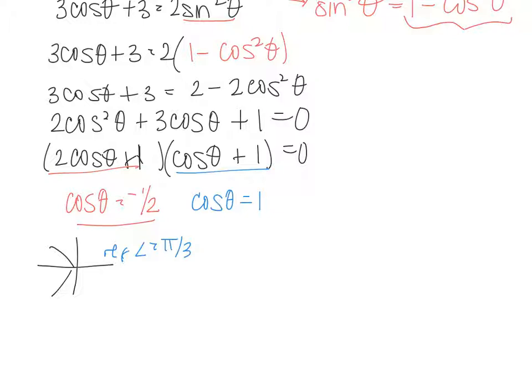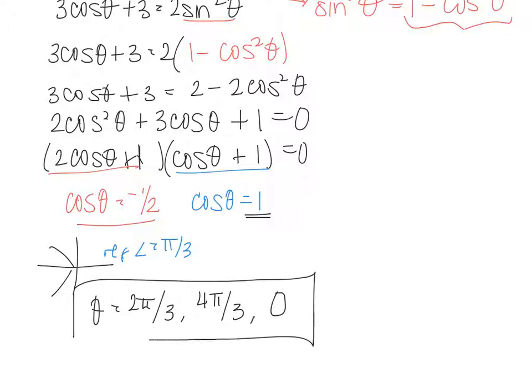And so theta for this equation is going to be 2 pi over 3 and 4 pi over 3. For the second part here, cosine is 1 at 0 radians, so that's going to be the other value for theta that makes this true.